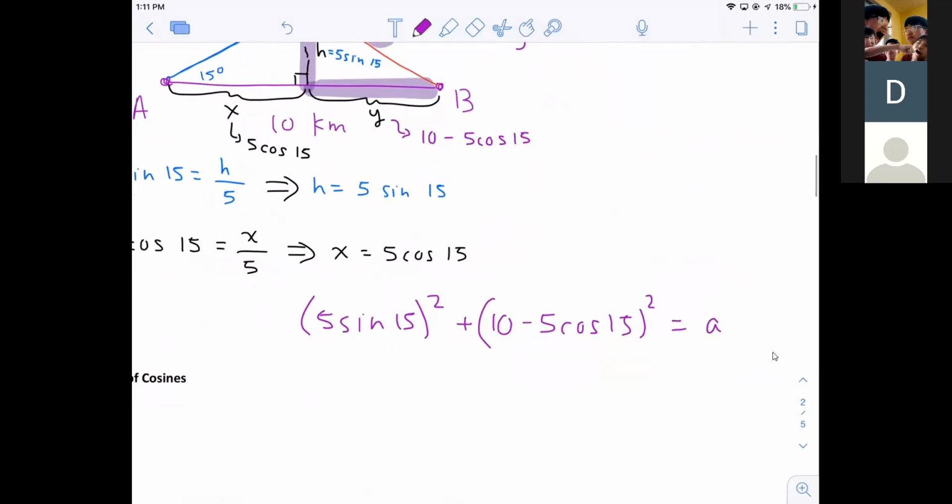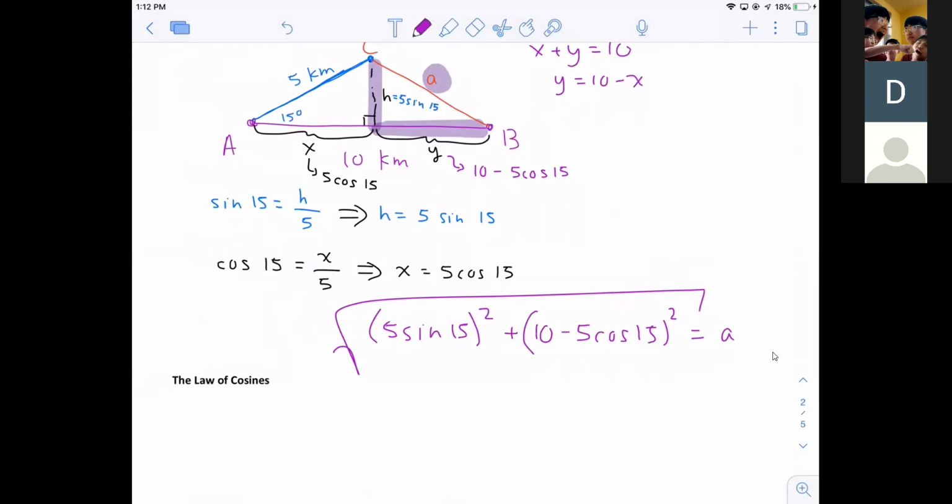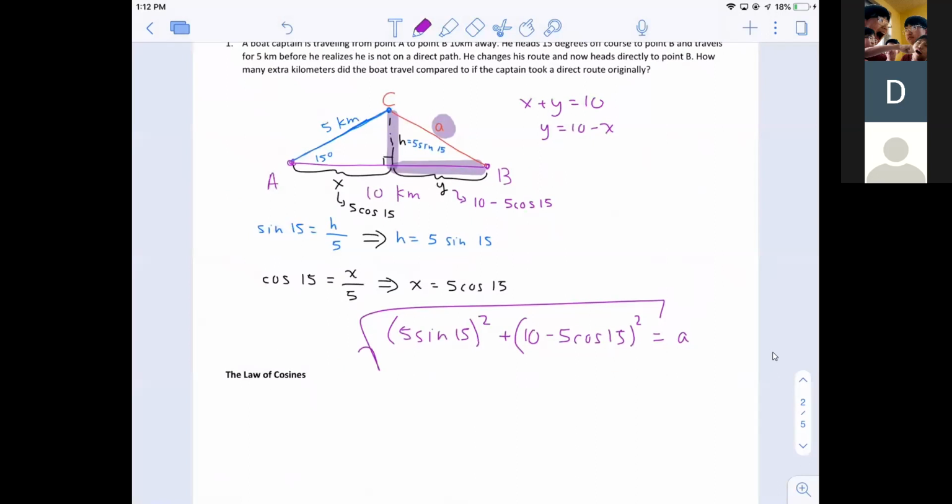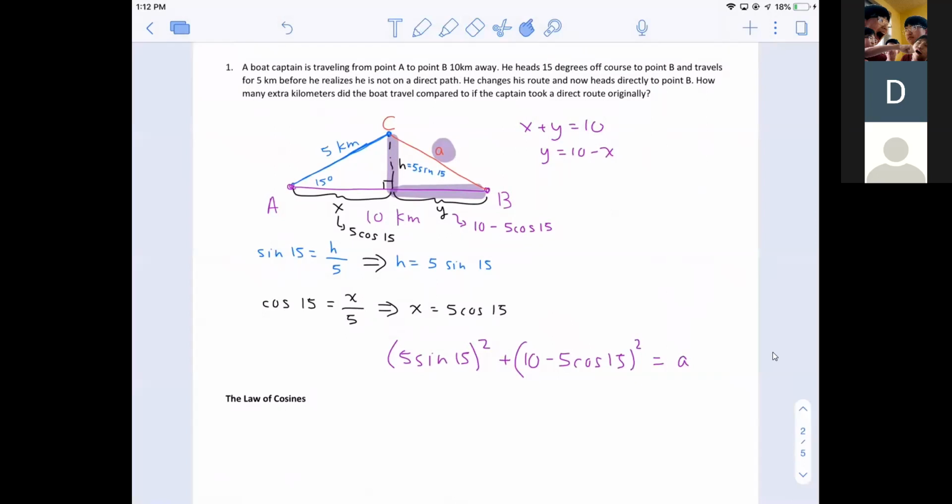And if you want to do this in one step, you type all of that into your calculator with the square root, and you'd find the length of a. All right, cool? Does that make sense? I'm not actually going to finish this because I'll just post up a key of this at the end, but that is how we could find the length of a.